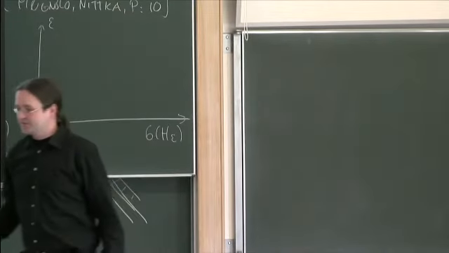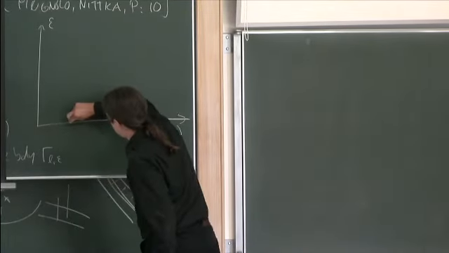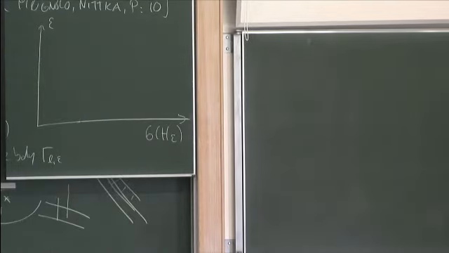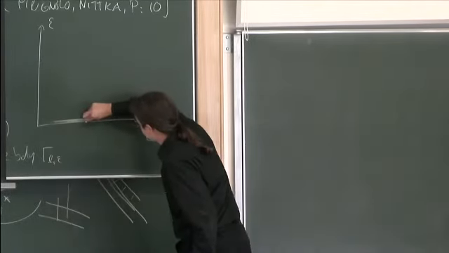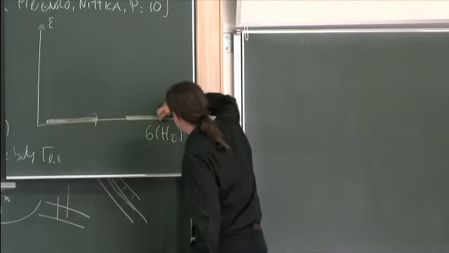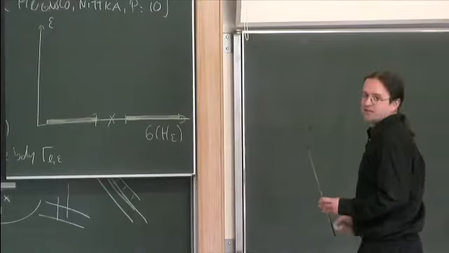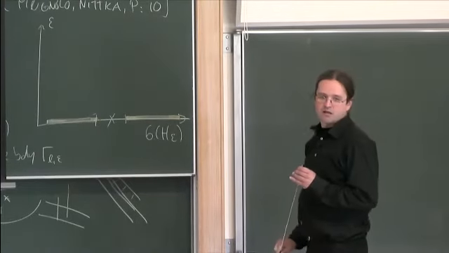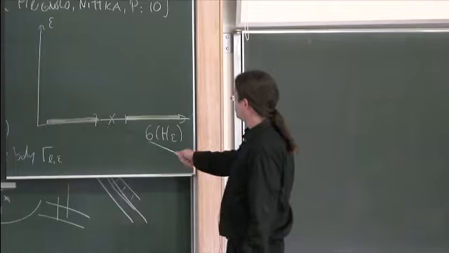And assume you have a spectral gap and a set of eigenvalues in the gap. Yes. So you're thinking of a perturbation of an infinite periodic graph. For example, yes. You can do it this way.